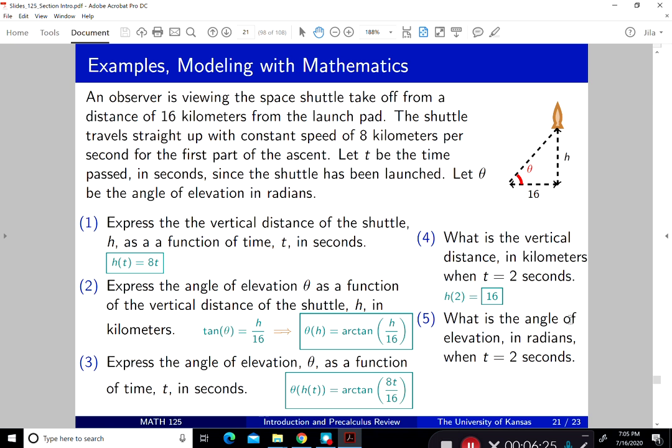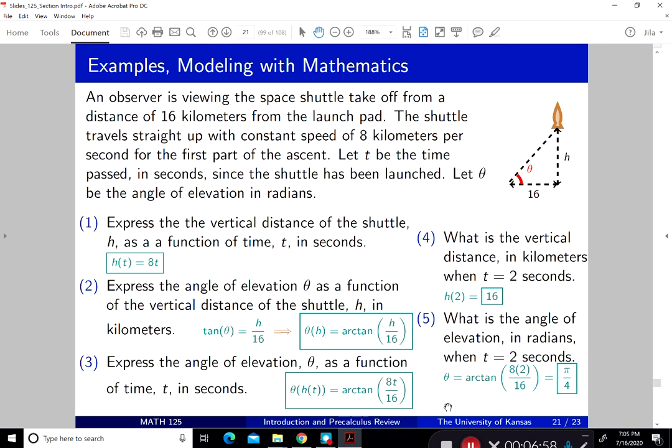The next question is, what is the angle of elevation in radians when t is equal to 2 seconds? And I look, and the angle of elevation, theta, as a function of time is right here, so I can plug in 2 in here, and I get theta equal to arctan of 8 times 2 divided by 16, and that is pi/4.